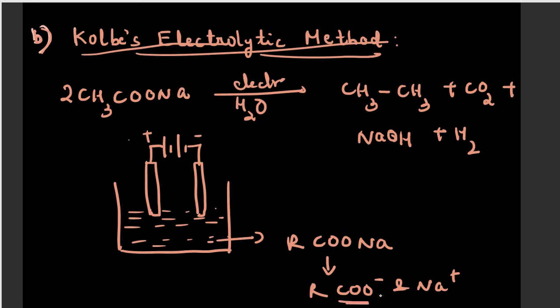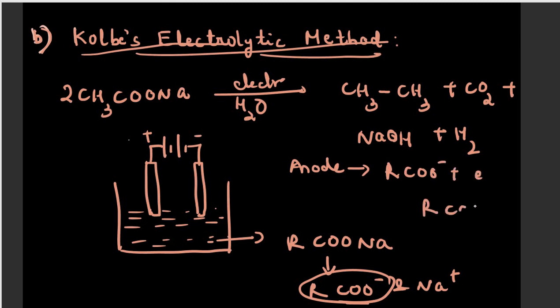Now at the anode, where oxidation takes place, this anion goes and gives up an electron, and thus you will be getting R plus CO2. Similarly, in this method also, we are getting an alkane which has an even number of carbon atoms.